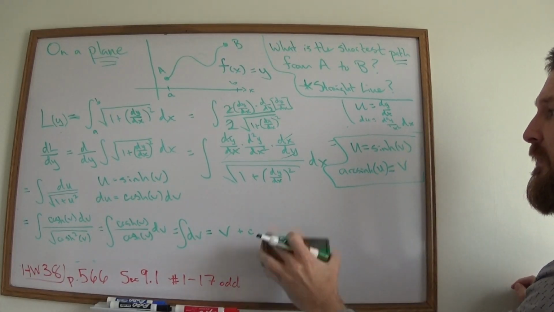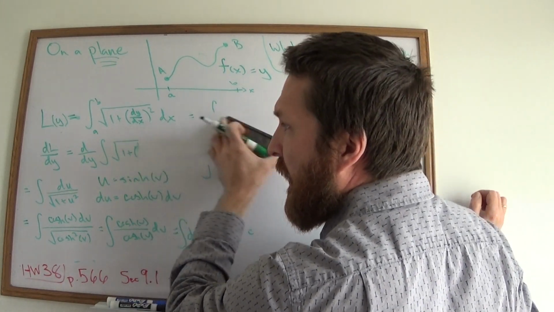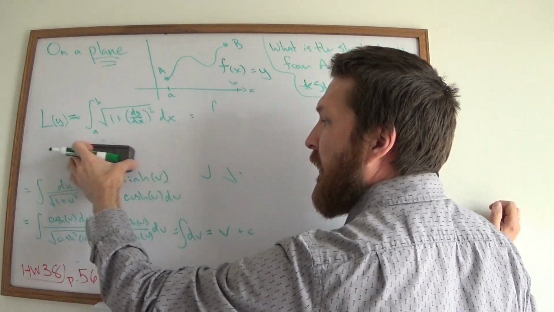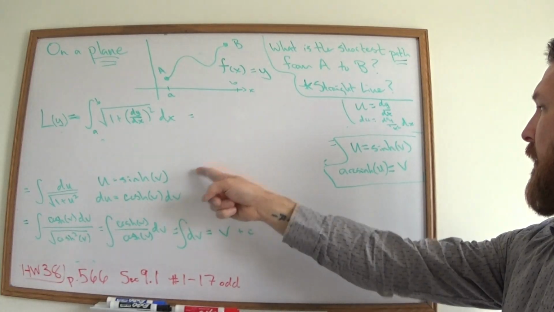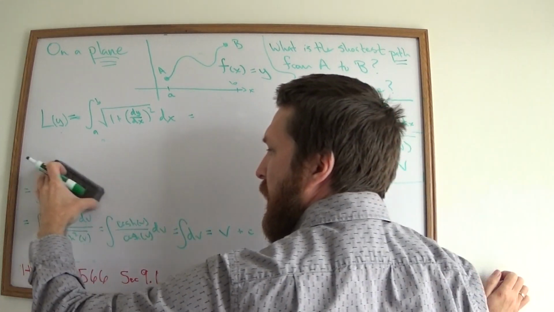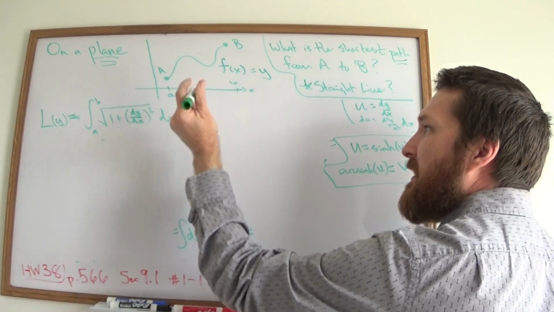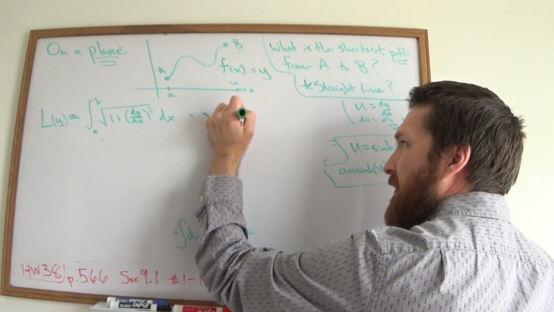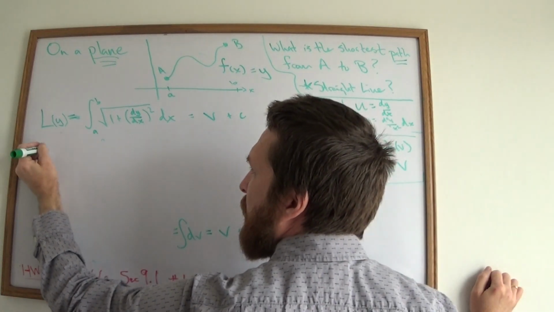I can get rid of all this other stuff. We got that this is equal to v plus a constant. But v is arc sinh u.